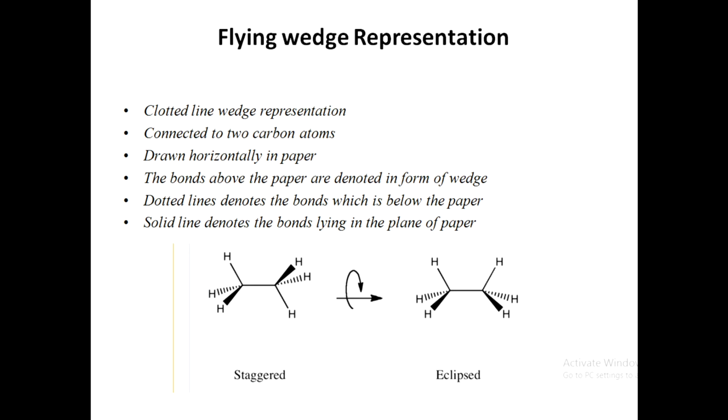They can be drawn horizontally or any other way on paper. The bonds above the paper are in wedge form, and dotted lines denote the bonds that are below the paper. Next, a solid line denotes a bond lying in the paper. This is staggered because the hydrogens are far apart. This is eclipsed, so they are at only minimum distance.